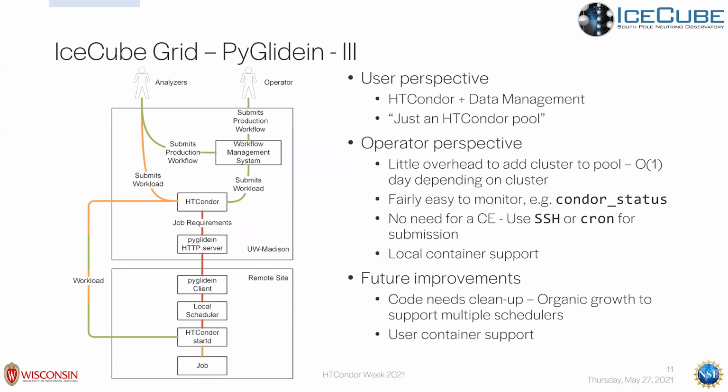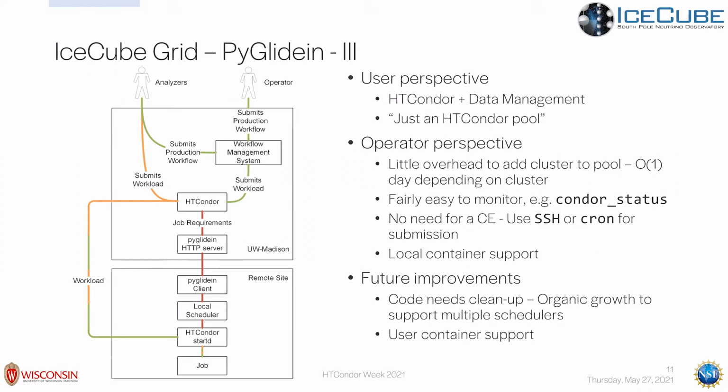So from a user perspective, this really looks like an HTCondor pool plus the data management. So we want it to look like just an HTCondor pool. From an operator perspective, there's minimal overhead in adding a cluster to the pool. So experienced users can do this in a day, if not less, depending on the cluster and its specifics.